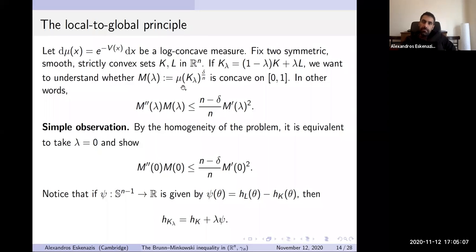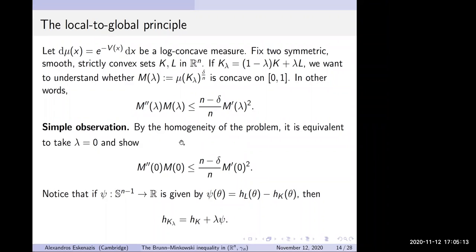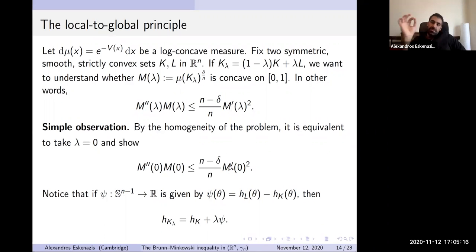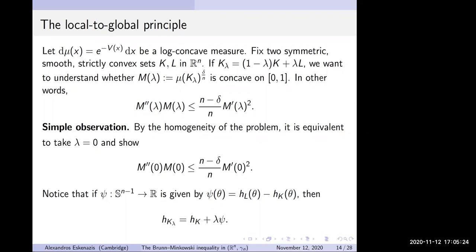So you have the measure to the power delta over n, and you evaluate the derivatives at zero. So delta appears right here, so it becomes a deficit. Okay. But m of 0, isn't it mu of k to the power delta by n, right? Your definition.